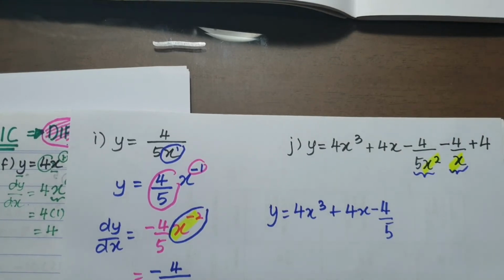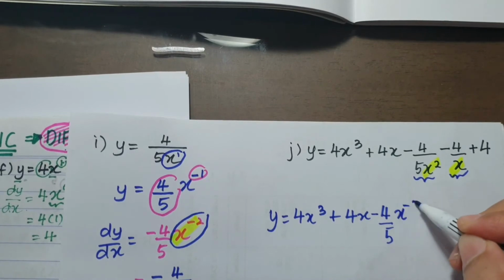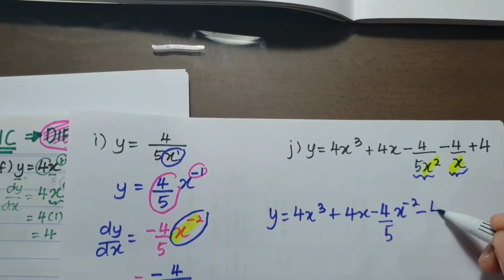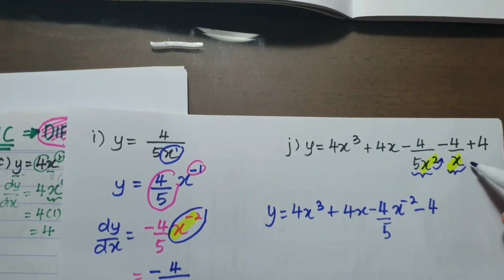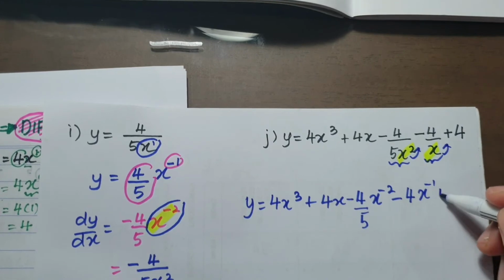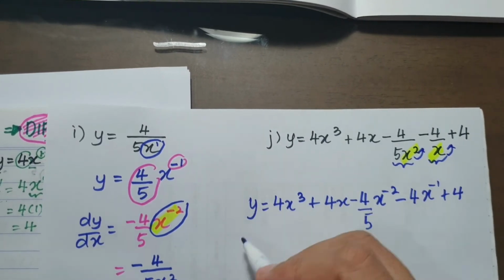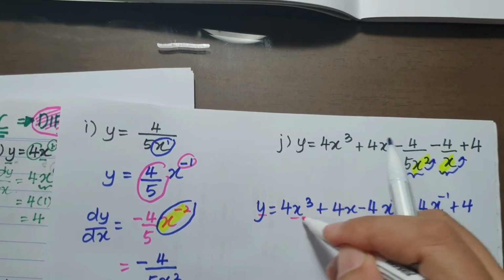Jadi, alright, jadi apa? Jadi negative 2. Minus 4 di sebelah atas. Okay, bawa naik. Jadi, ini bawa naik, ini bawa naik. Jadi, negative 1. X negative 1. Plus 4. Okay, then only, okay, your function is y in terms of x.